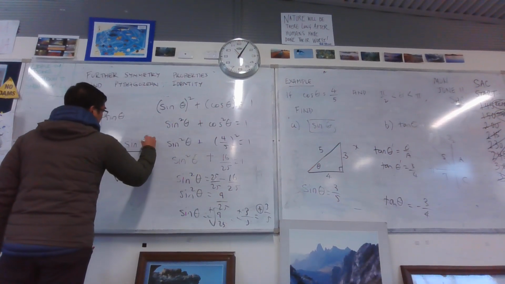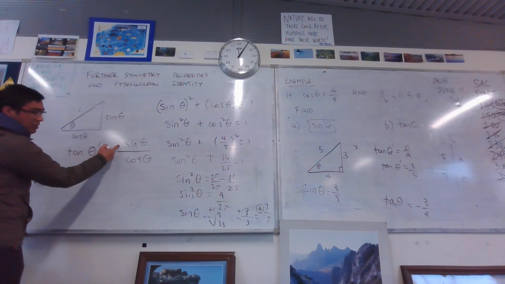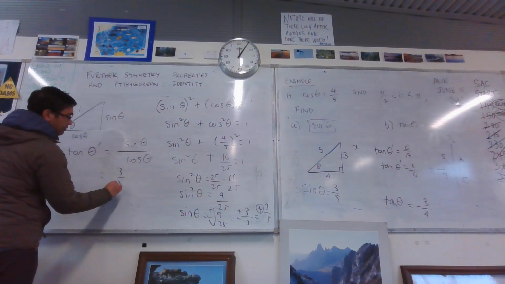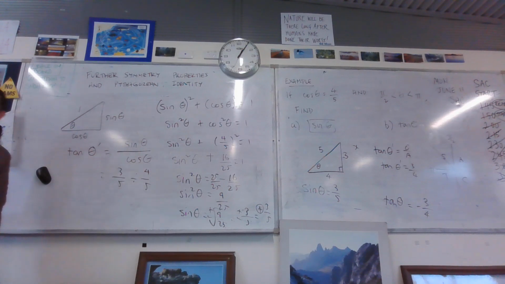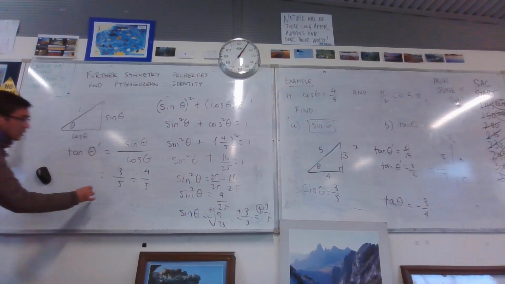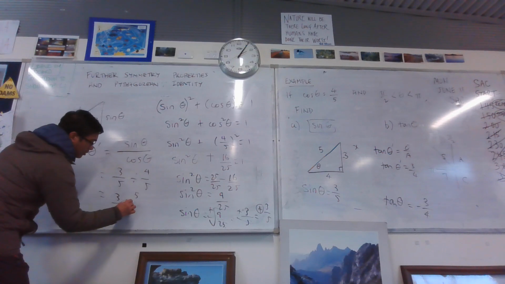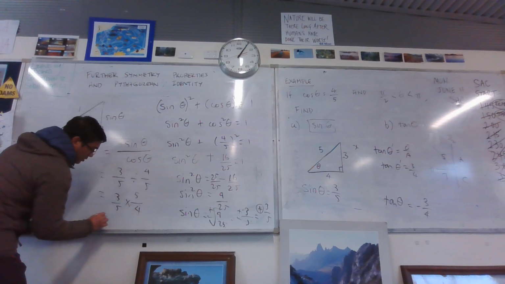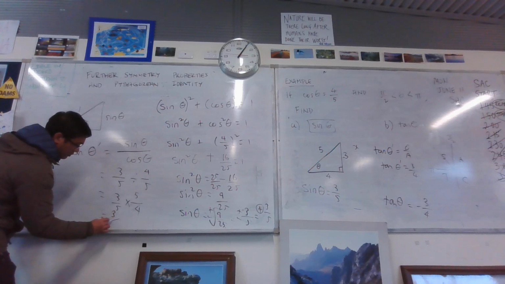Thank you, Manny. And we've already got this information here. With a 3 on 5 divided by a 4 on 5. Flip them over. You can sort of see that you're going to cancel to 3 on 4.